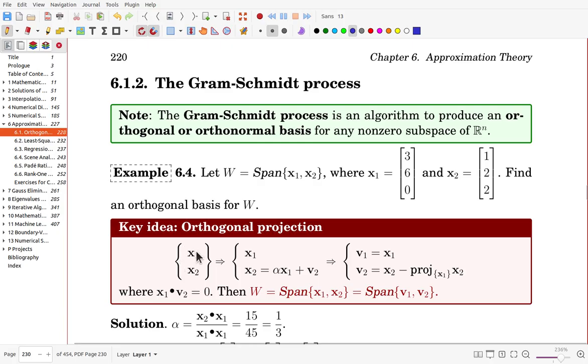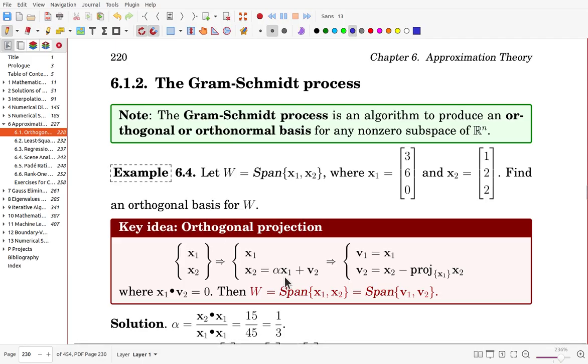Now, along with this basis, since they are linearly independent, we try to make x2 a projection onto x1. So it is alpha x1, the part of x2 in the direction of x1, and v2 will be orthogonal to x1.